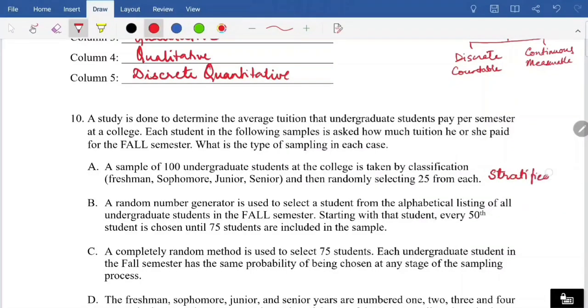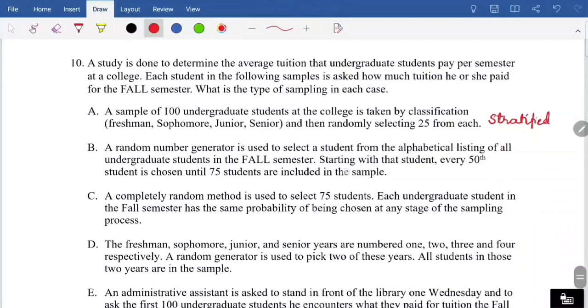All right. Later on, I will explain the difference between stratified and cluster, which we will come across a few sentences down here.